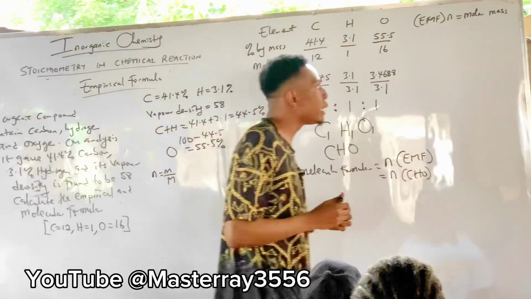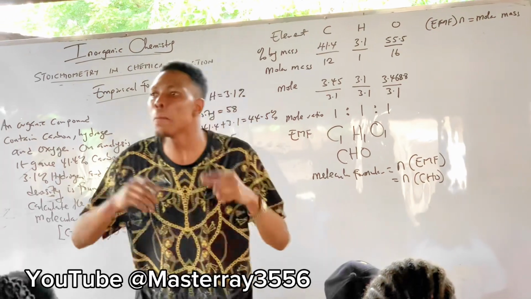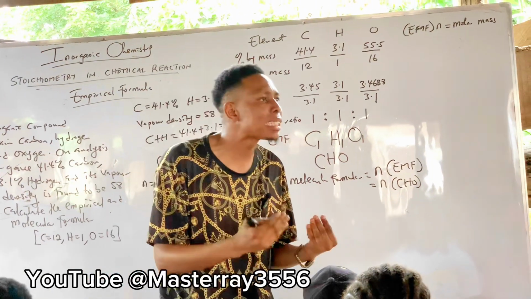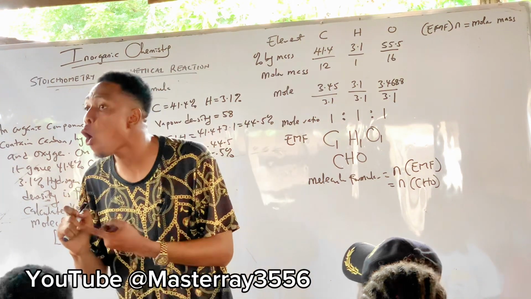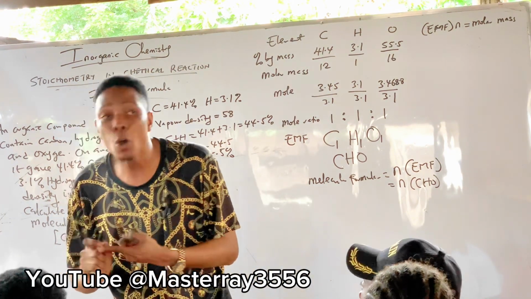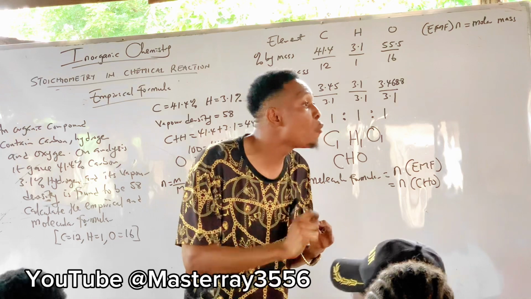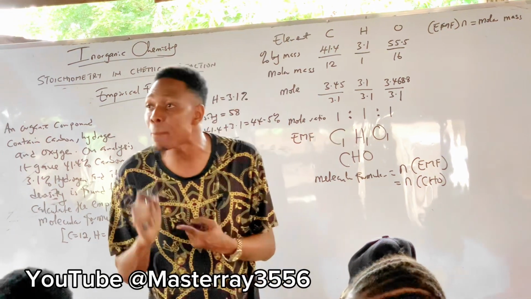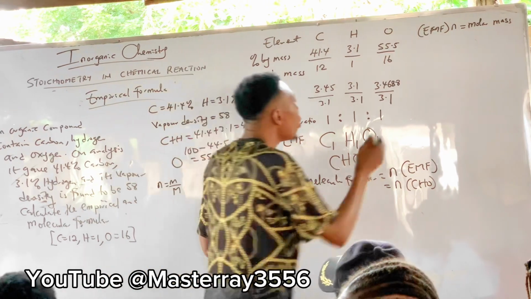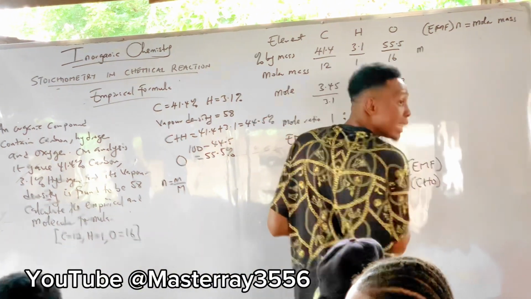But the issue there is, I don't have my molar mass. I was not given molar mass in the question. Instead, I was given vapor density. So you can get your molar mass from your vapor density. Molar mass is twice the vapor density.